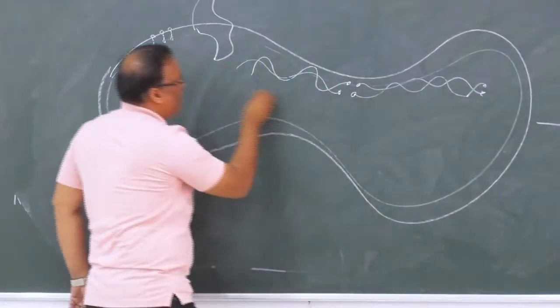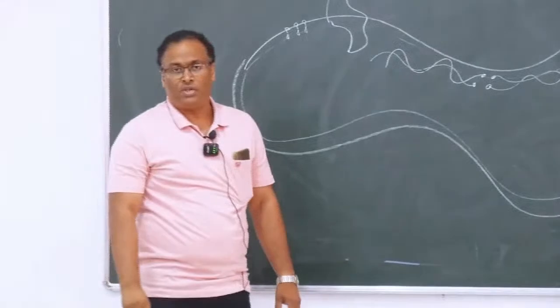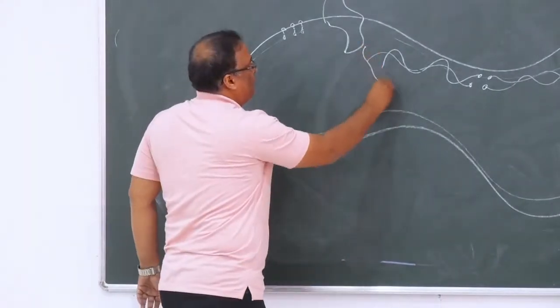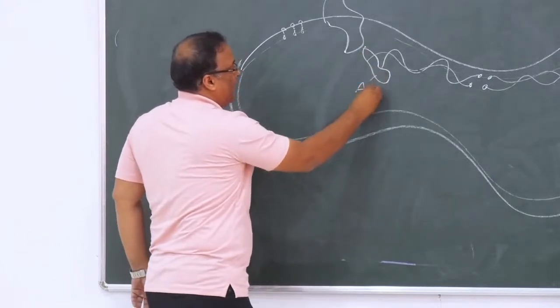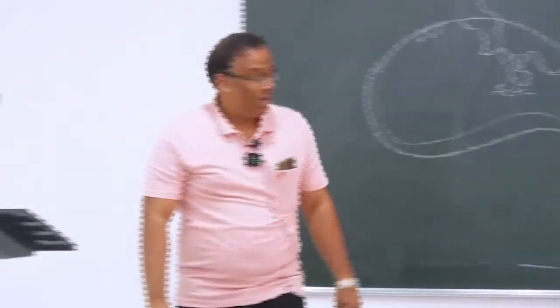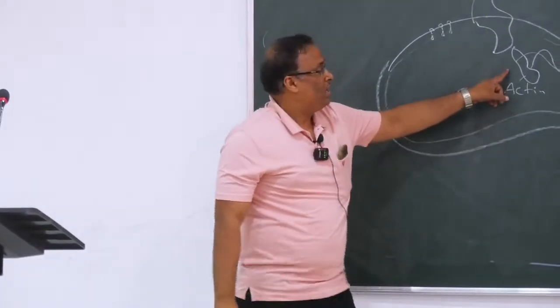So this is the tetramer form, but the tail form is connected with a protein that is actin. Okay, so these things are very much important.